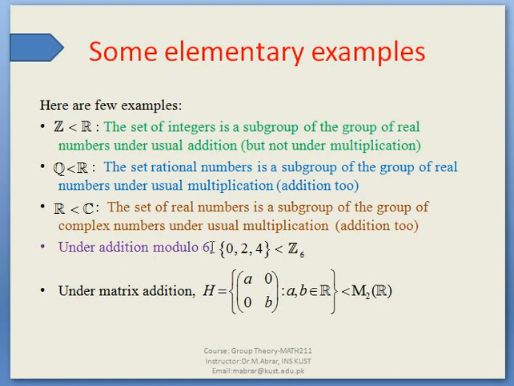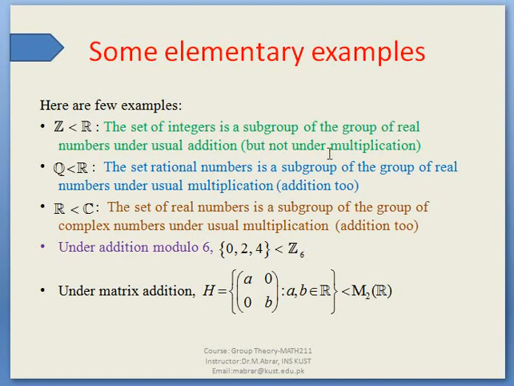Under addition modulo 6, this subset {0, 2, 4} is a subgroup of Z6. It's quite simple. If we take the set H of all these matrices with real entries, it becomes a subgroup. We have actually proved that it becomes a group, and now it's a subset, so by the above definition it is a subgroup.